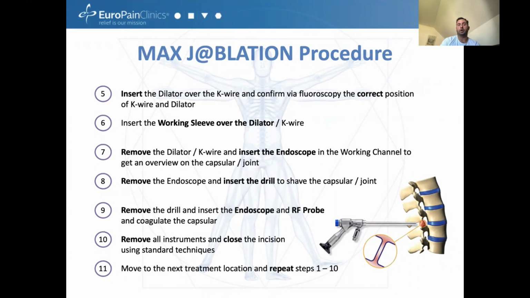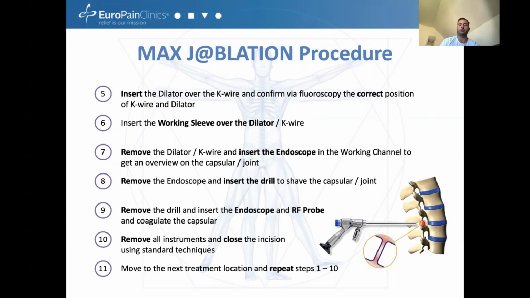And then after removal of the dilator, you go inside with the endoscope, with the grasper, you take away the tissue, then you do some radio frequency burning, and then you remove the endoscope. After removing the endoscope, you're using a special manual shaver.